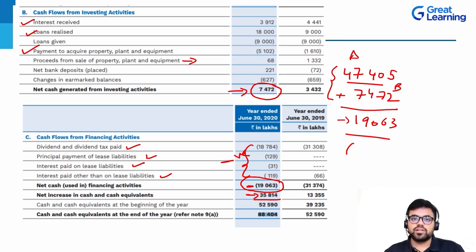Now, what happens in this case is that there is cash and cash equivalent at the beginning of every year. That is basically the last entry of the previous year's cash flow statement, the cash equivalent. As you can see, the year ended 2019 had a cash equivalent of 52,590 lakh rupees.